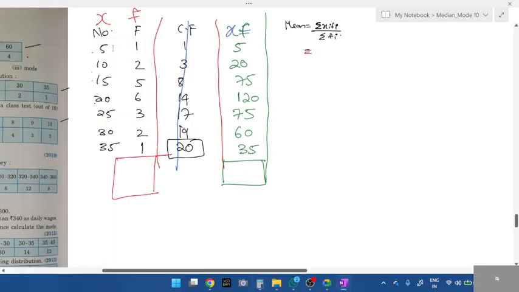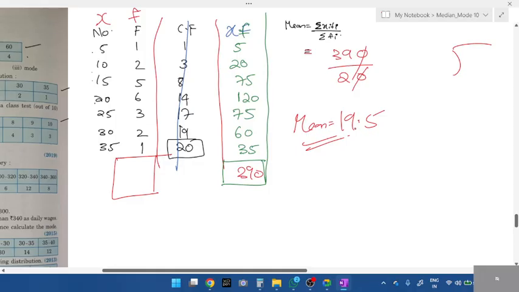Tell me the XF. What are the two columns we need? 390. F5. What is the F5 value? 20. 0 and 0 get cancelled. 39 divided by 2 is? Mean is 19.5. Mean is 19.5, that is correct.